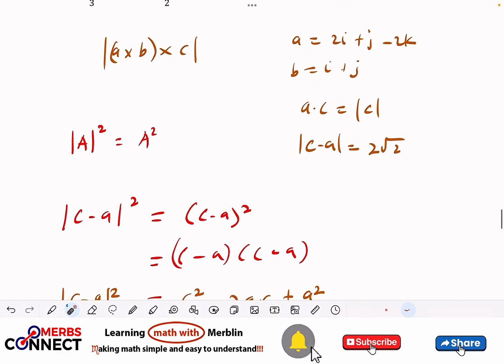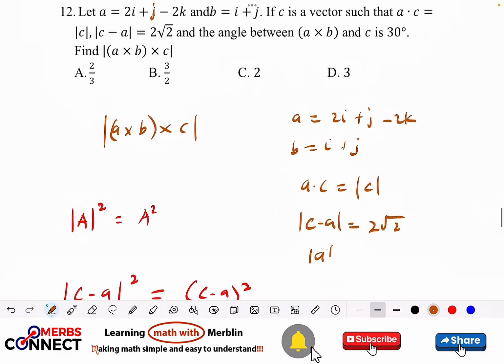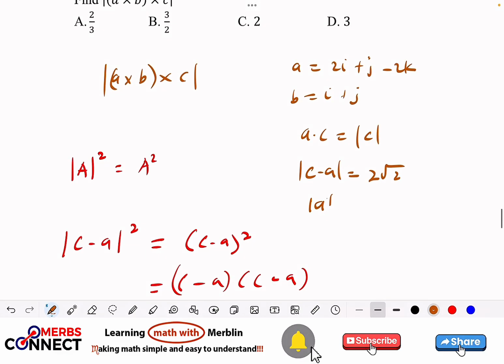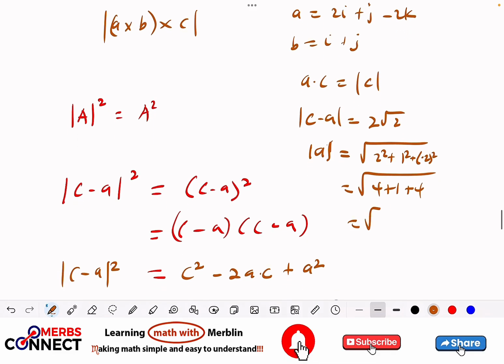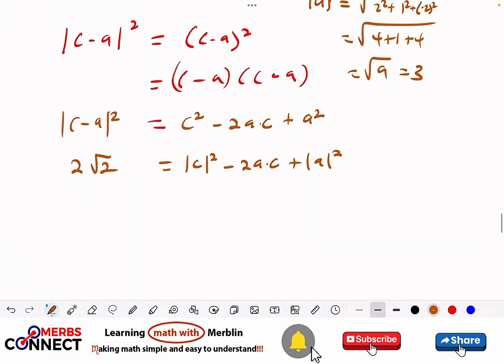The magnitude of A is equal to square root of 2 squared plus 1 squared plus minus 2 squared. This is the same as 4 plus 1 plus 4, which is square root of 9, what is 3. So we got this one to be 3.